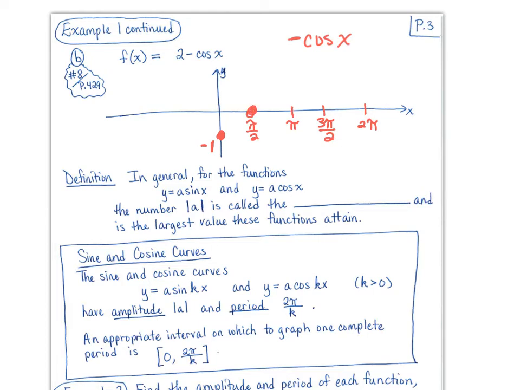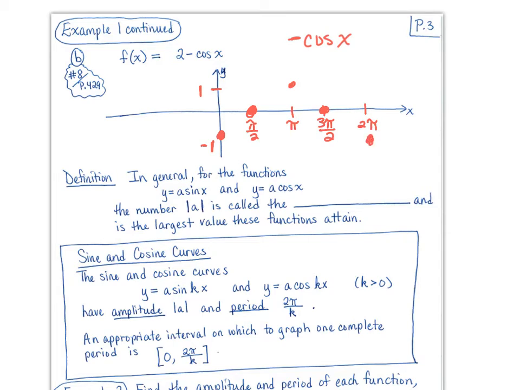Cosine of pi is? -1 times -1 is? +1. Good. We'll say that's right there. Cosine of 3 pi over 2 is? 0. 0 times -1 is? 0. Good. Then cosine of 2 pi is? 1 times -1 is? -1.